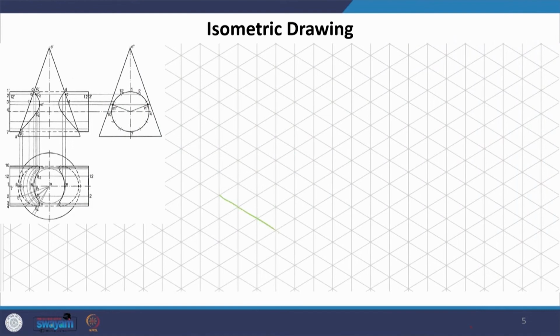I am drawing the cone first. This is the base of the cone, this is the axis, this is the apex. This is the base of the cone, and this is what we would see if this cone was complete.